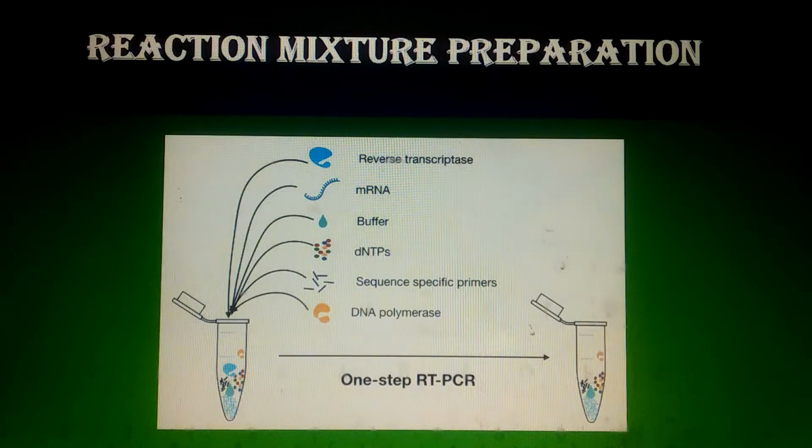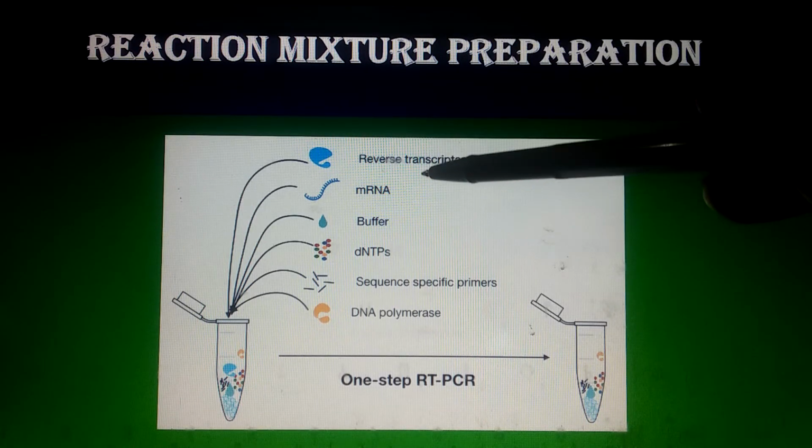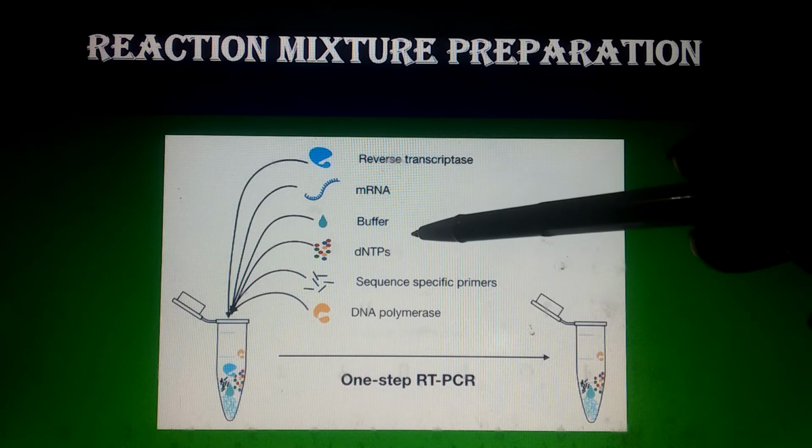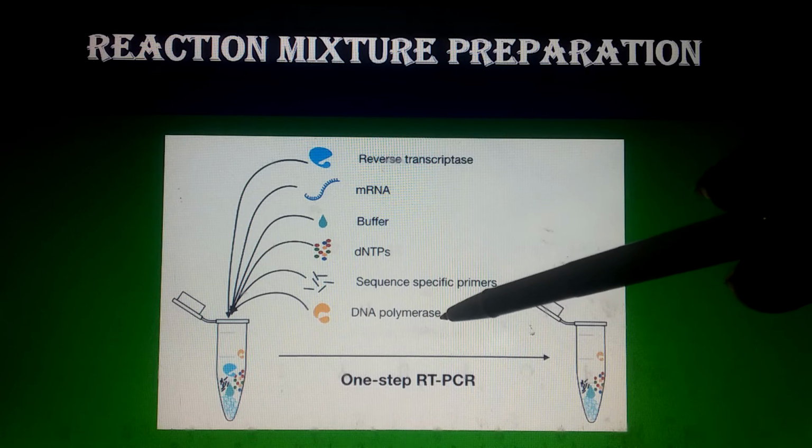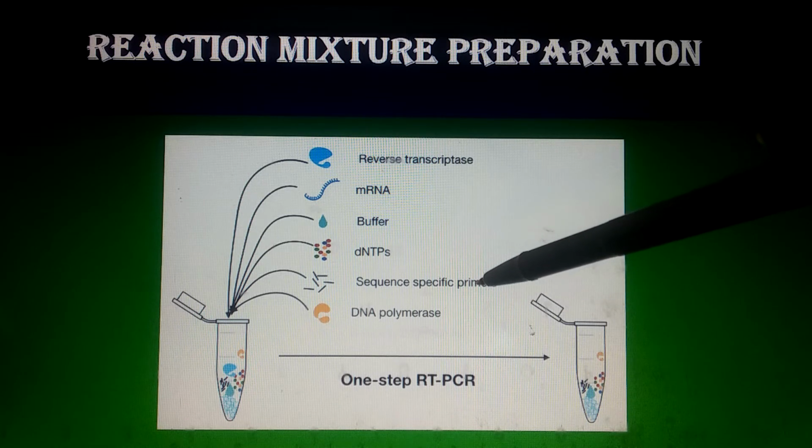Okay. Now, how can you prepare your reaction mixture for the synthesis of the cDNA? We need the reverse transcriptase enzyme, we need messenger RNA, we need the buffers, we need the dNTPs, we need the DNA polymerase, and we need the primers. Is it clear?